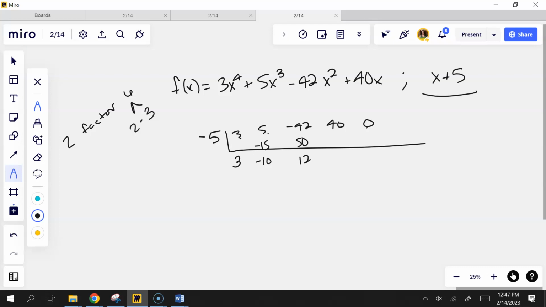I'm sorry. Y'all were like, give me the work, give me the work. Oh, that didn't work. No. 3, 5, negative 42, positive 40. 3, negative 15.